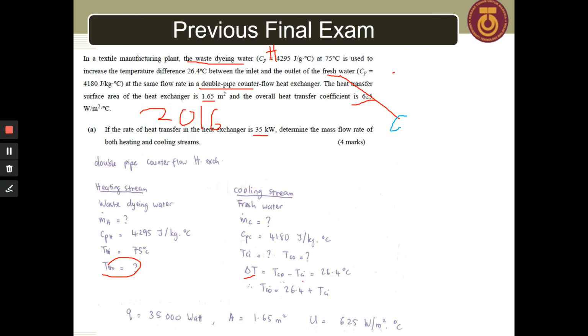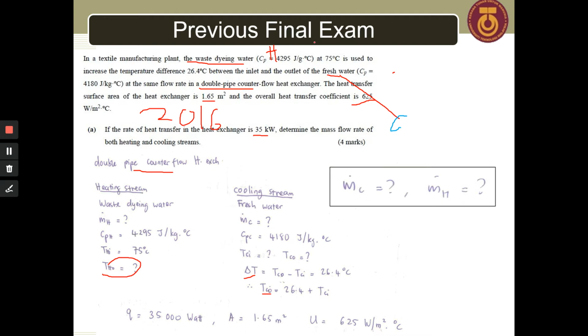So we can write down that the outlet temperature is equal to 26.4 plus TC1, the TC inlet. Okay, so what else? I think this is a double part. So we can see the next step.